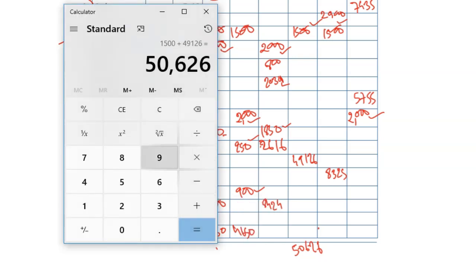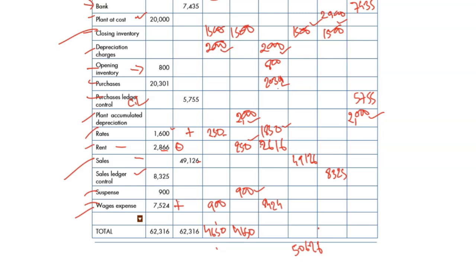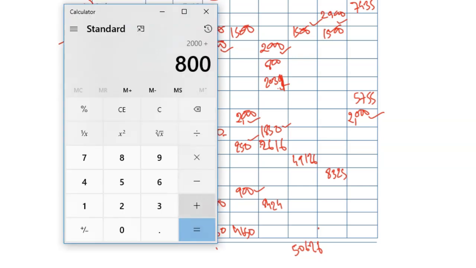Let's see how much the debit side total is. 2,000 plus 800 plus 20301, three items taken, plus 1850.